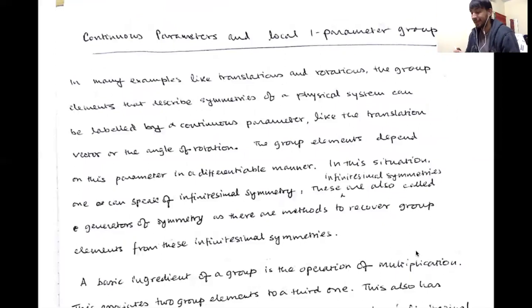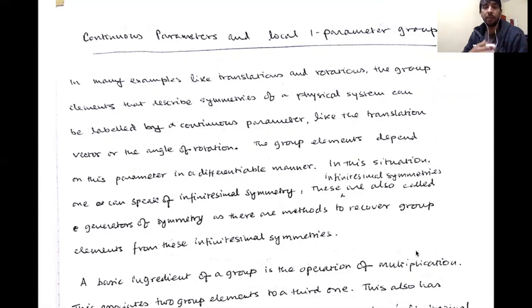So now let's move ahead and say a little bit more. In a lot of examples, like translations and rotations, the group elements actually describe symmetries of a system that can be labeled by something which is not discrete.